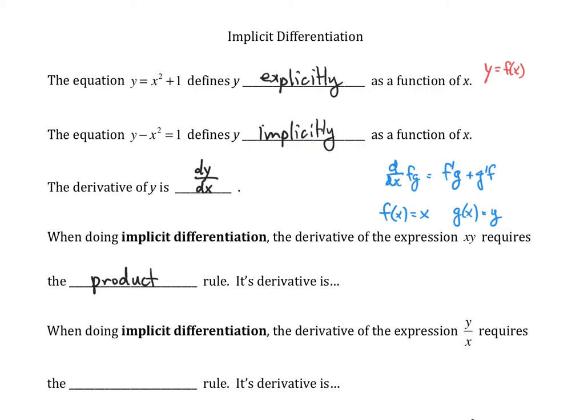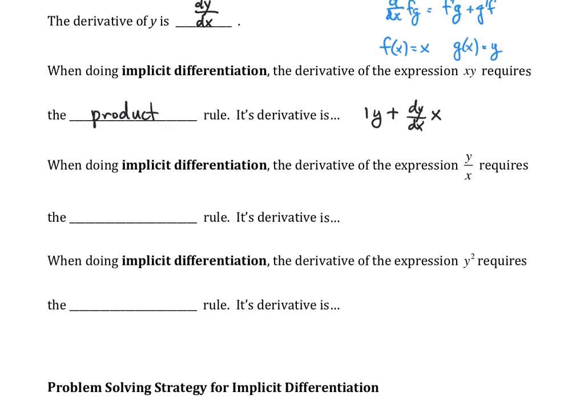Well, the derivative of x is just 1. I keep the second function, which is y, and I add what I get when I take the derivative of the second function. g prime is going to be dy dx, and I keep the first function f, so I just write the x there. So this is the result of applying the product rule to xy.